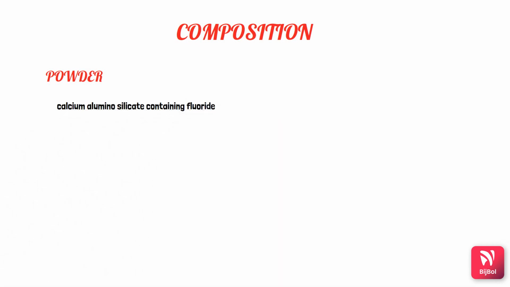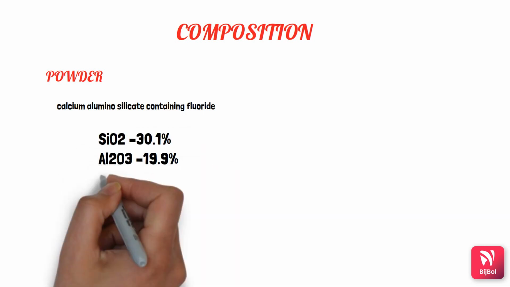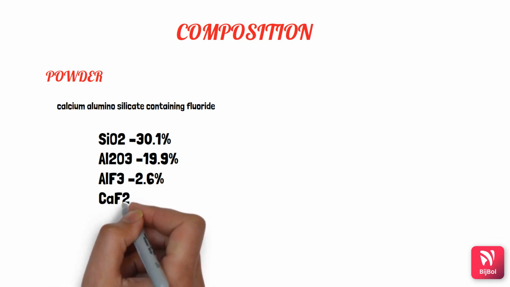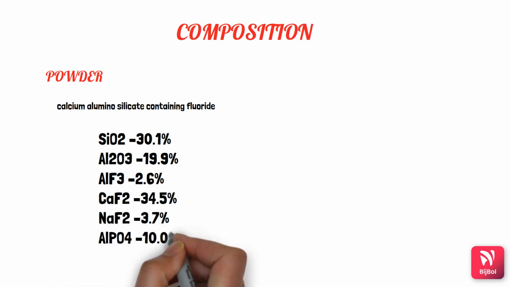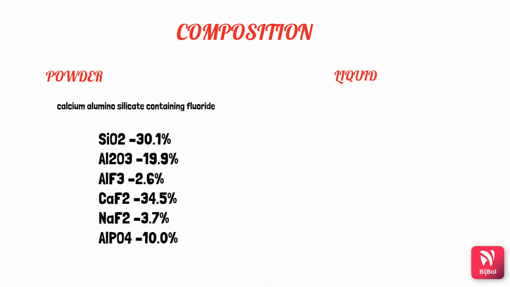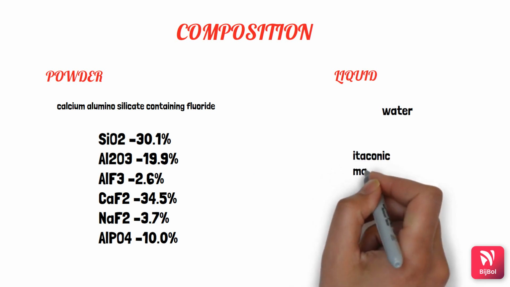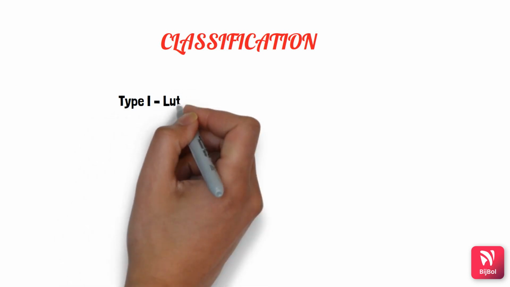In that we have silicon oxide, aluminum oxide, aluminum fluoride and calcium fluoride with sodium fluoride and aluminum phosphate. If you see the liquid composition of it, it has mainly water and itaconic and malic acid with tricarboxylic acid.